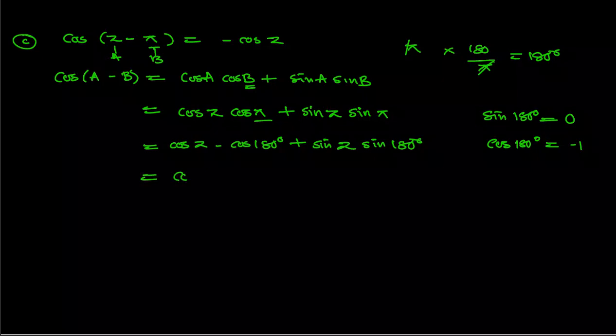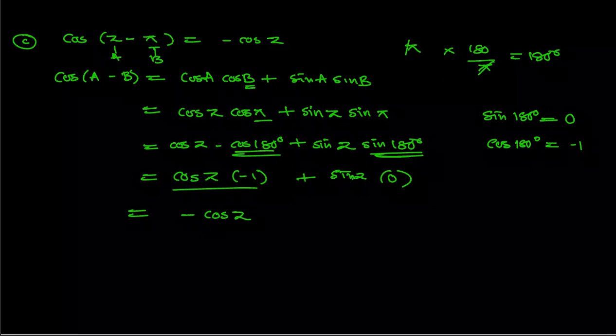So we are going to have cos z, then cos 180. What is cos 180, guys? It is -1. So -1 plus sine z, and sine 180 is just 0. So that means we're going to have negative cos z, and we can't add the 0 here because this is just 0. So you can see that this is the one which we've produced.